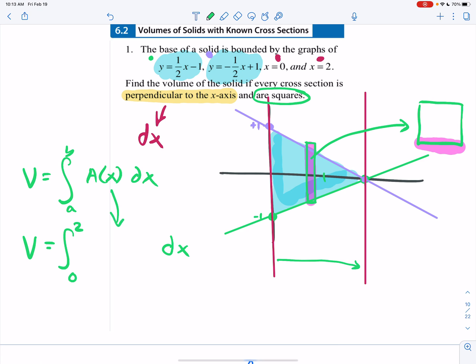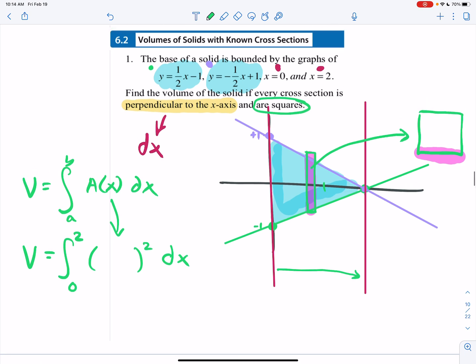The area of your base, since we have a square, you know it's going to be something squared because that's the area of a square here. To find the length of that square, that's like trying to find the length of that purple rectangle, okay? How do you find the height of that? So that's really just top. In this case, it's negative.